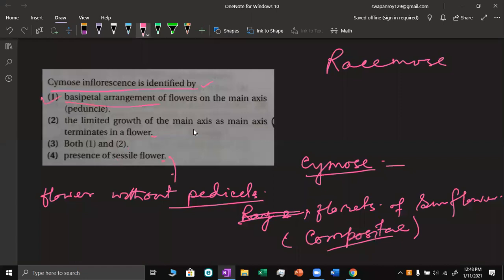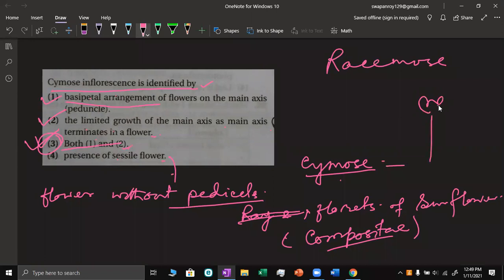The limited growth of the main axis as the main axis terminates in a flower is also correct. So 1 and 2 both are correct, and number 3 is our answer. In cymose, there is basipetal arrangement. What happens in cymose?